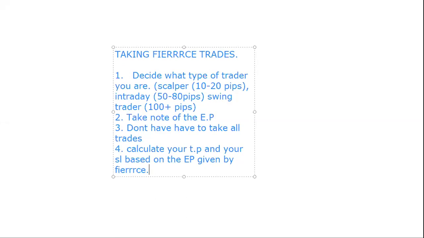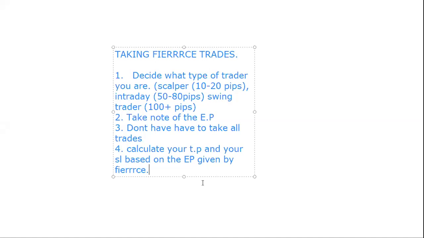For example, you're entering a trade that has already moved in profit 5 pips. Then you're targeting 20 pips, okay? If you're targeting 20 pips, then your 20 pips will be different from that of Lillian.